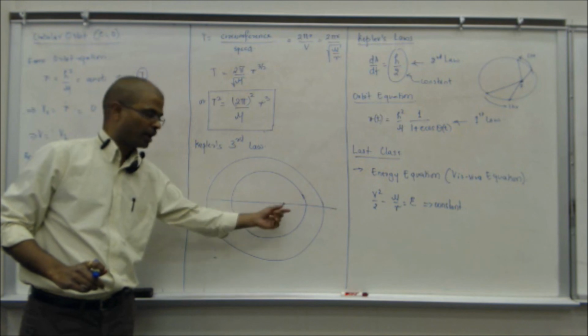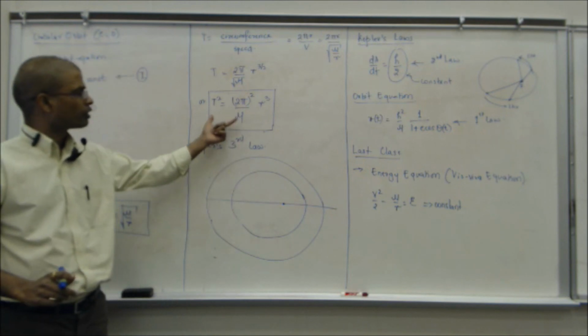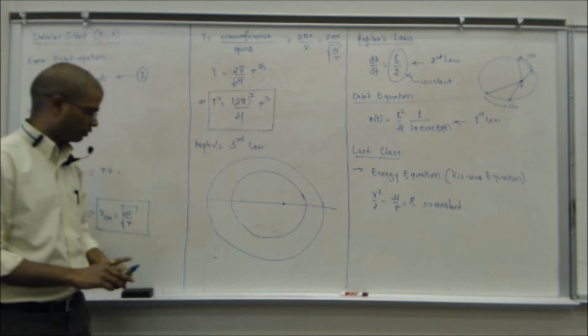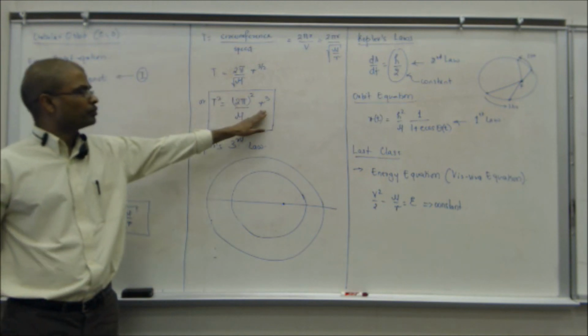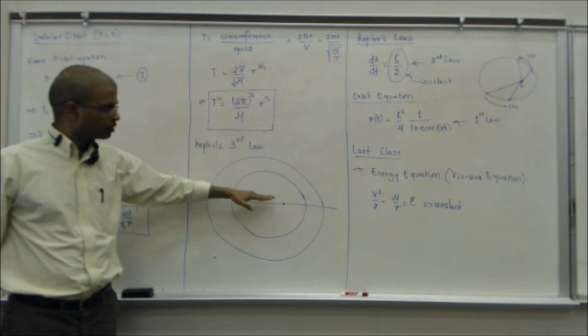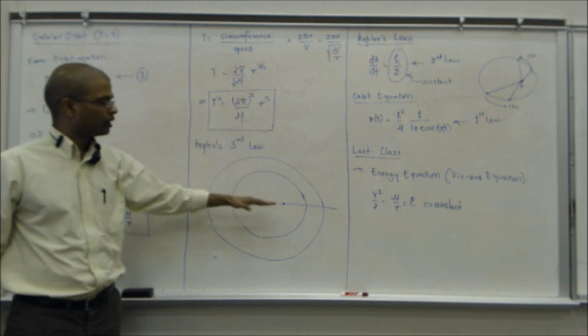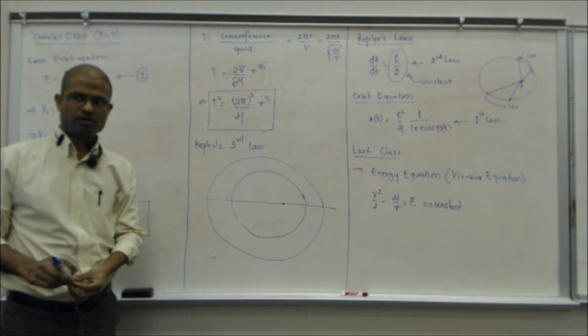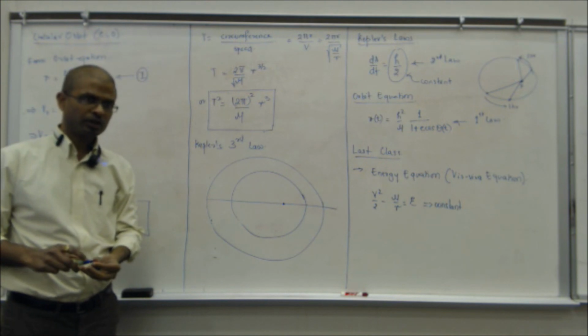Okay? So average distance. Here, for a circular body, this r is just a constant, so it will just become the cube of the radius. You understand? So what should happen to the period as the r increases? You understand time period of an orbit?